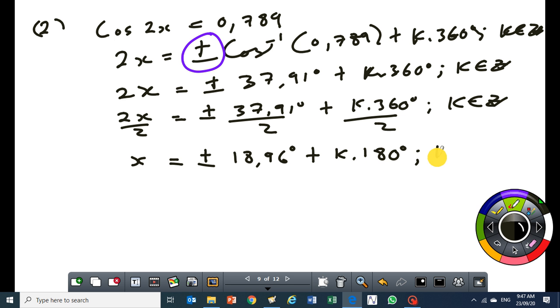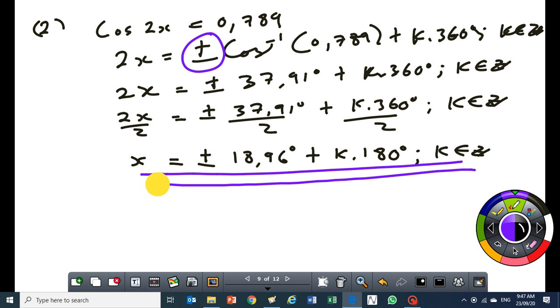Now I want you to know that this general solution is specific to this question. It is unique to this question. So this will be the general solution. These are the general solutions because there are two.